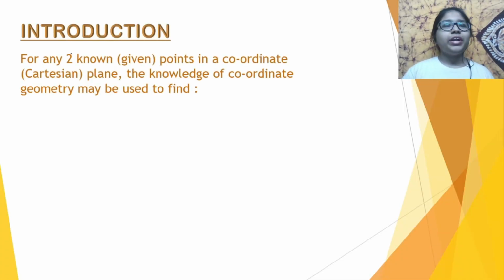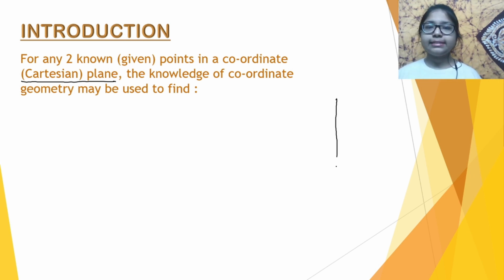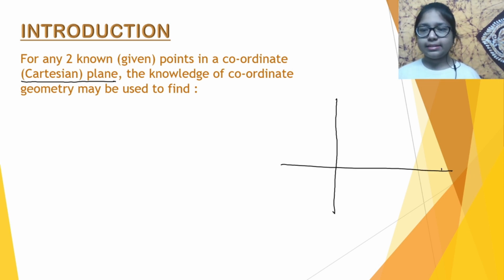Introduction. For any two given points in a coordinate, that is, Cartesian plane. Children, what is a Cartesian plane? The plane with x and y axis.